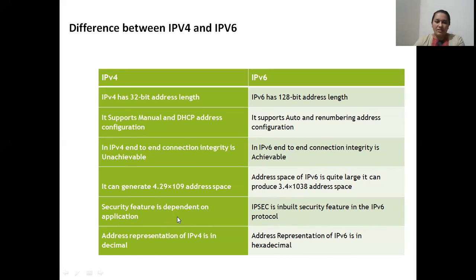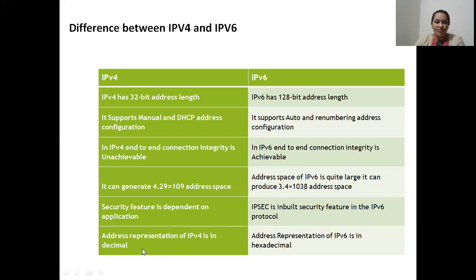In IPv4, the security feature is dependent on the application. It does not contain any inbuilt security features. Whereas in IPv6, there is IPsec, which is an inbuilt security feature, supported by default by the IPv6 protocol.